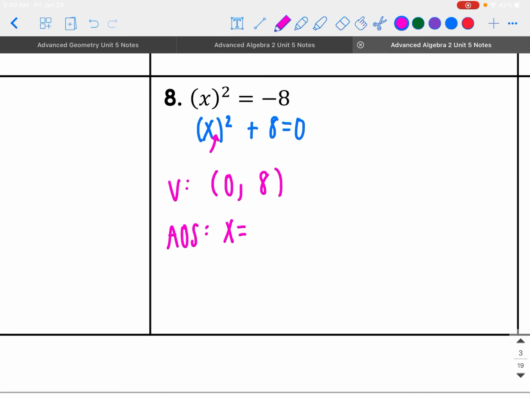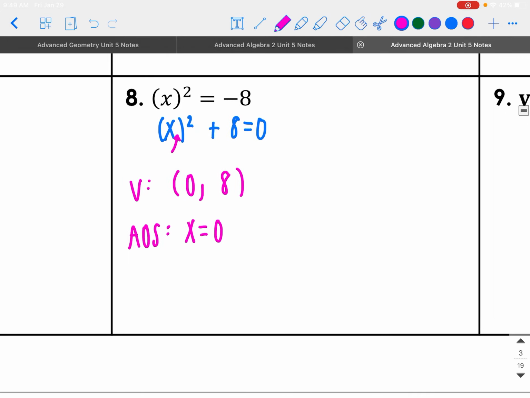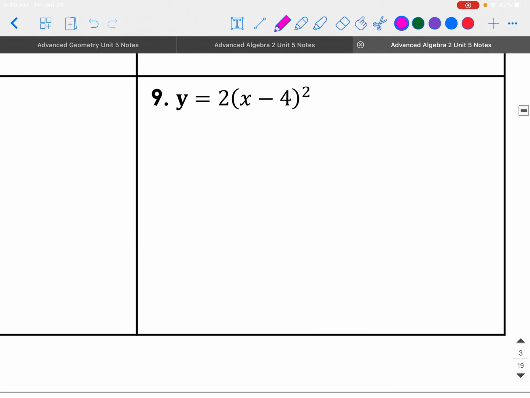Axis of symmetry, x equals 0. And number 9, there's nothing to move over, so my vertex is going to be 4, but there's nothing added, so 0. And my axis of symmetry, x equals 4.